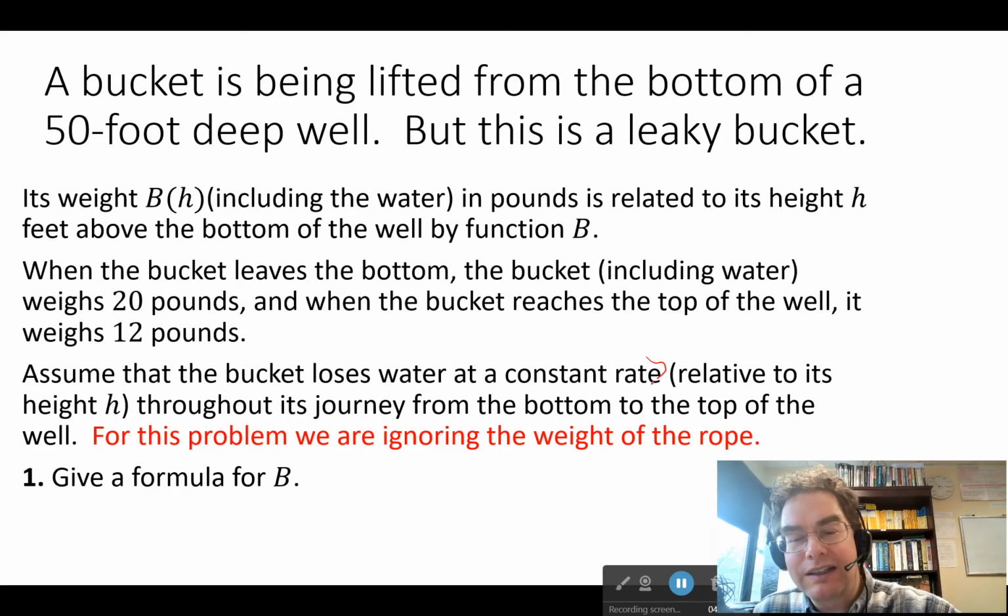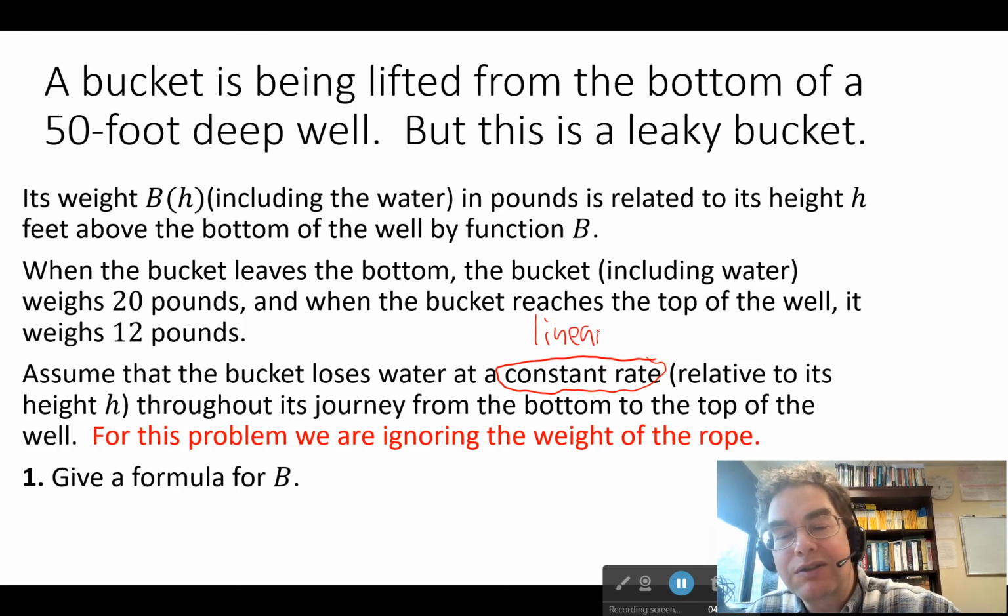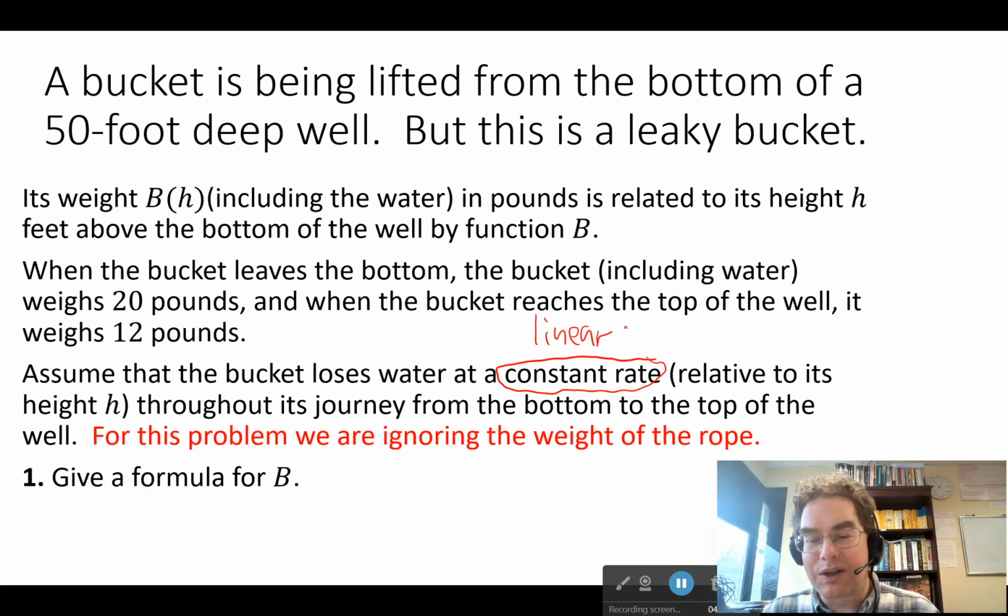But the key here is that we got a constant rate at which the bucket is losing its water and hence at which its weight is decreasing. What this tells us is that the relationship is going to be linear. Linear relationships are those where the rate is constant. And so if you know 2 points on a line, then you are able to find an equation for that line, and that is exactly the approach we're going to take here.